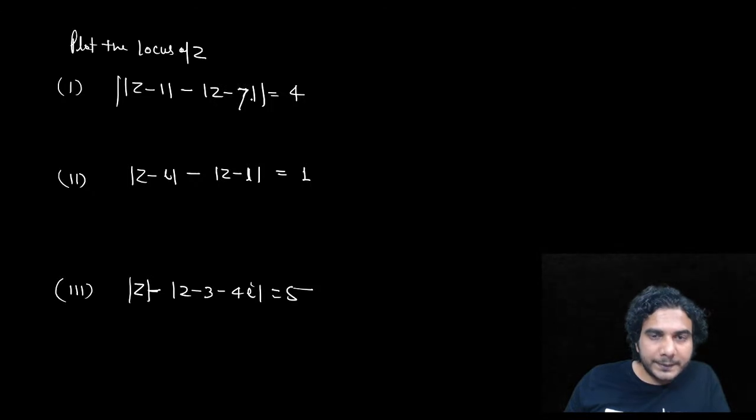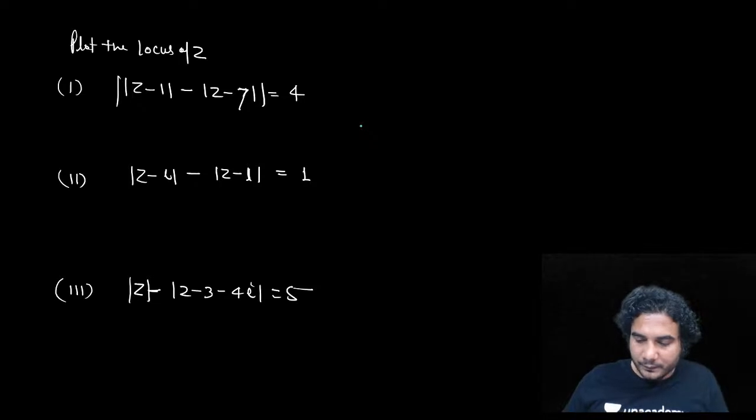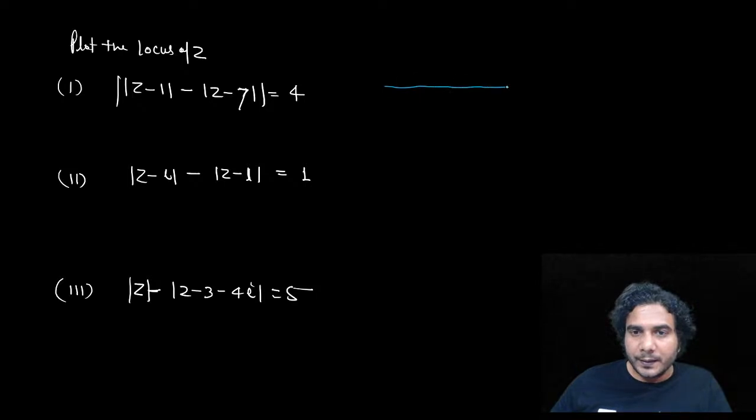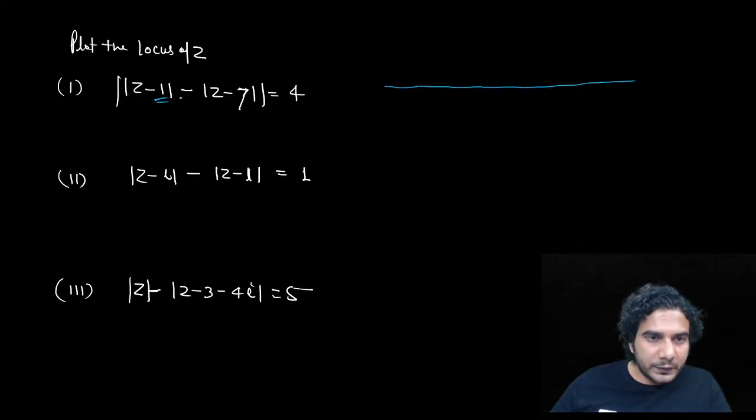All right, so let's start. If you say this is the line on which these two points, 1 and 7, basically lie on the x-axis only.